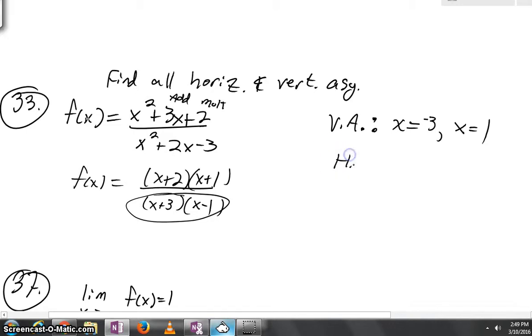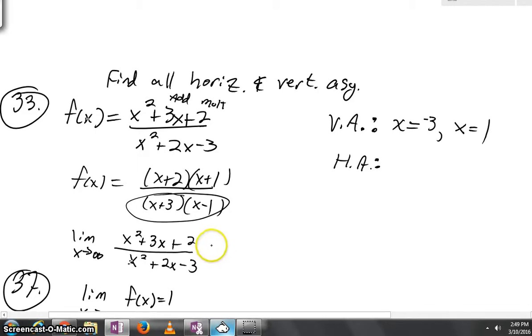You might say horizontal asymptotes. Oh my gosh, how can we do that? Well, we learned a shortcut, but what you've been doing all along these last couple days is actively finding horizontal asymptotes if they exist. As x goes to positive infinity or negative infinity, you'll be able to work this out. Let's divide the top and the bottom by x squared, and we'll see what we get.